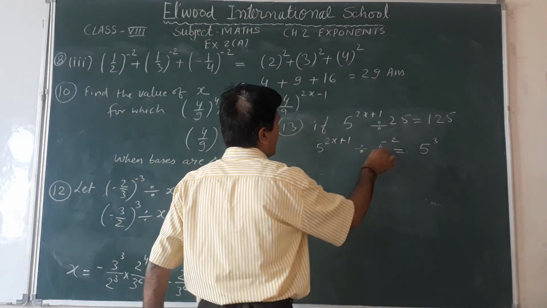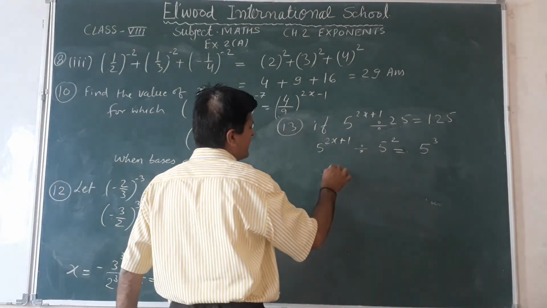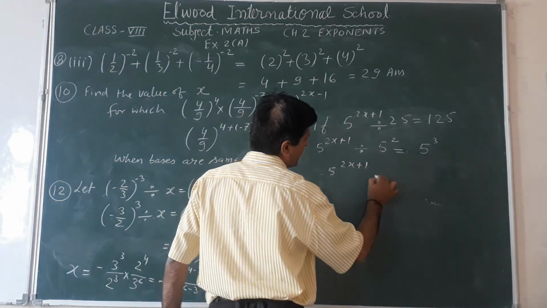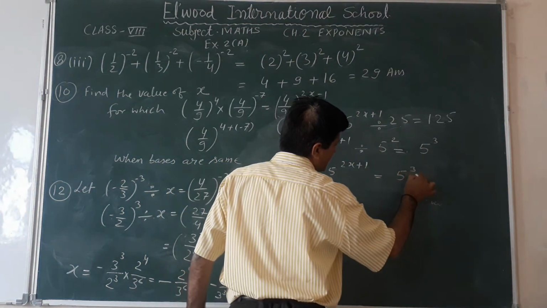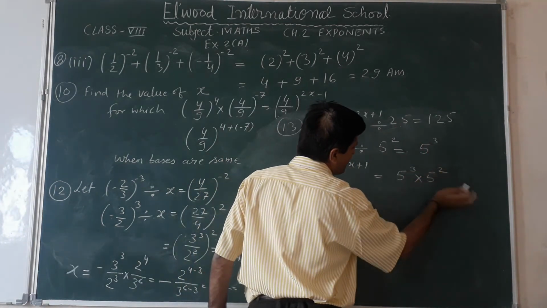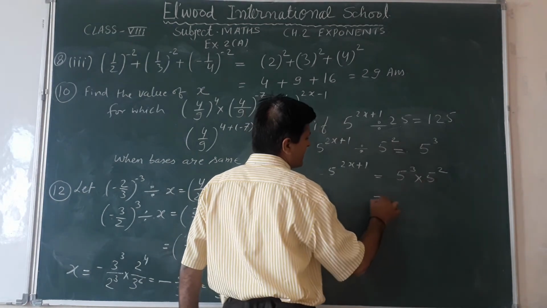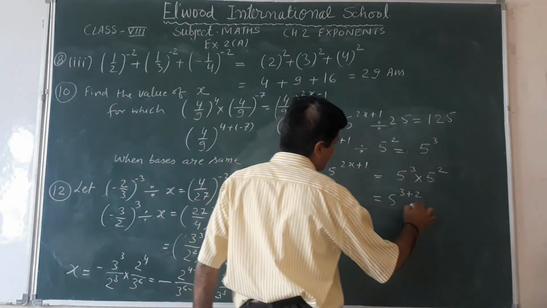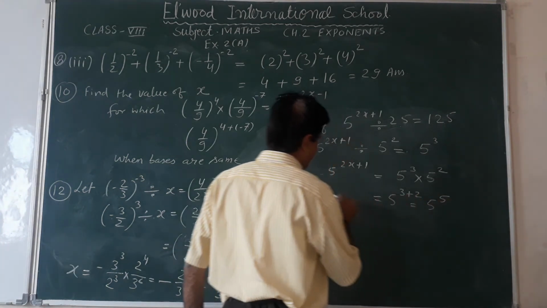Now I will transfer this to the right hand side: 5 to the power 2x plus 1. The division will be transferred to the right hand side in the form of multiplication. So 5 to power 3 and 5 to power 2 will be added, and it will become 5 raised to power 5.